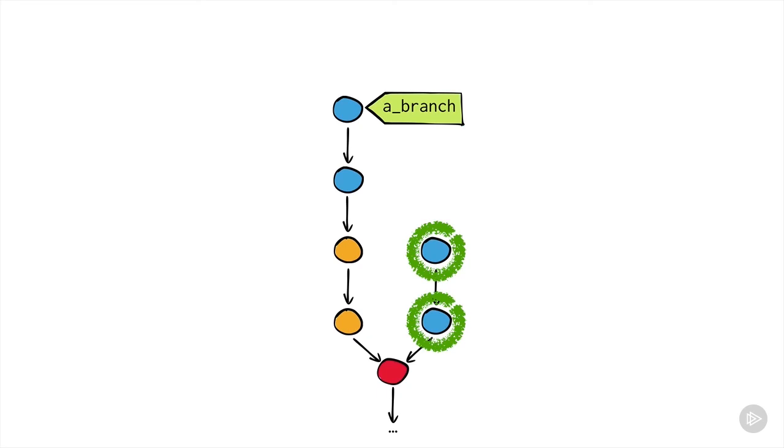So these old commits are impossible to reach, almost impossible, because there are a few ways to retrieve them. For example, if you had written down their hashes, then you could still check them out, but it's more likely that you will just lose track of them. So why would Git waste disk space to keep around commits that cannot even be reached?